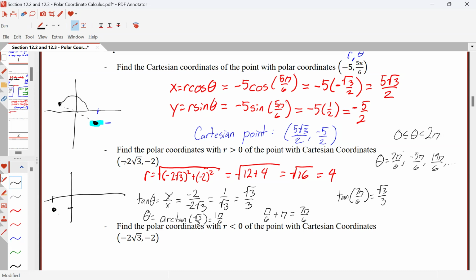So the angle that's between 0 and 2 pi is 7 pi over 6. We have that the radius is 4. So that means that our polar coordinate is 4, 7 pi over 6.